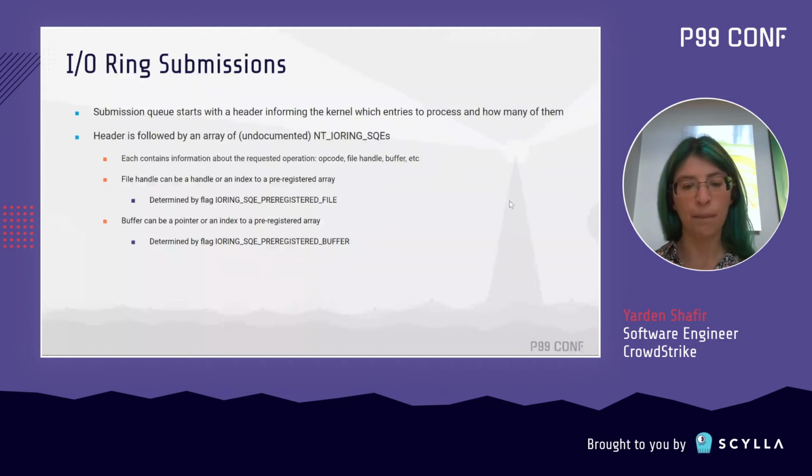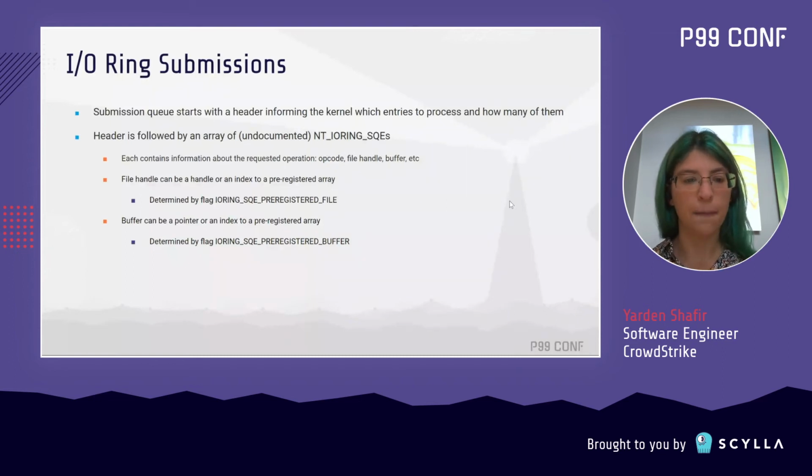You can set up 20 entries and only submit the first 2 for processing if you want to do that for whatever reason. When you submit an IO ring, you tell the system what ring you're submitting through the handle. You tell it how many entries you're going to submit, and you get back the number of entries that were processed successfully.